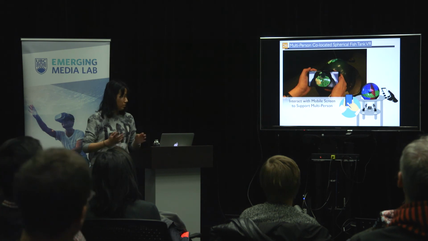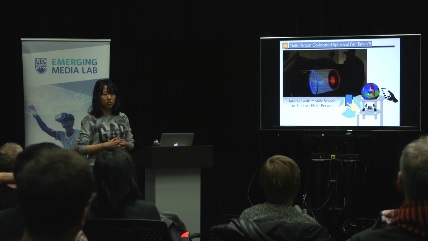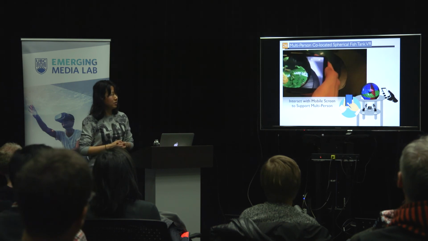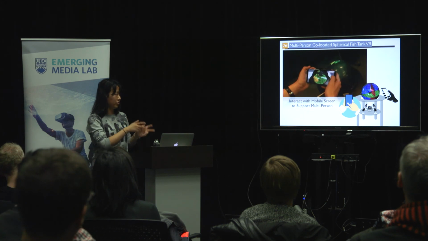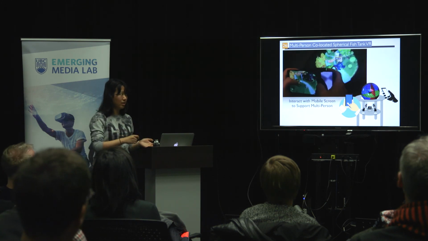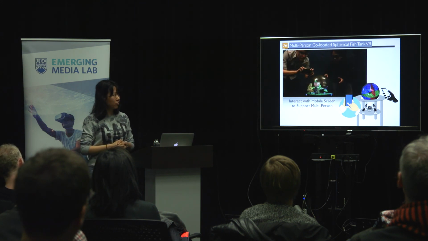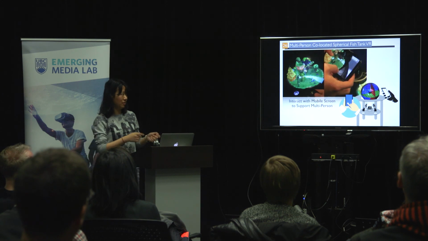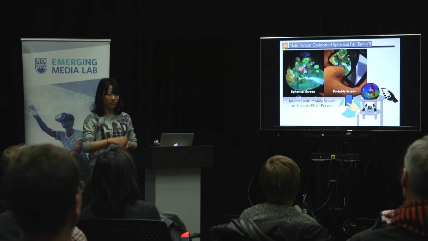Then with the mobile screen, more people can be co-located in the same scene. The mobile screen is tracked so that it looks like a window into the 3D scene, so people can move around with the portable screen and interact with the content inside. They can collaborate by pointing to the same things and collaborating with the other user using the spherical screen.